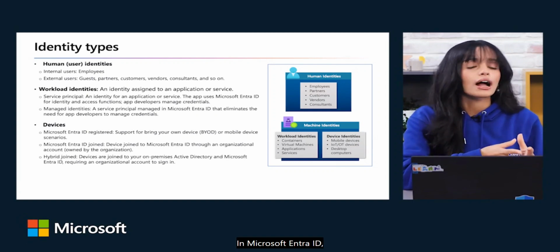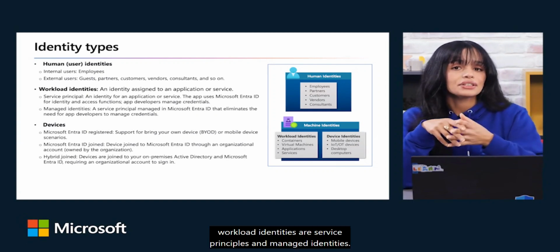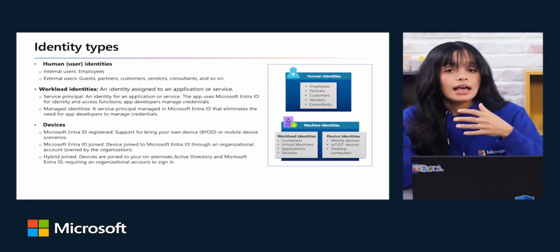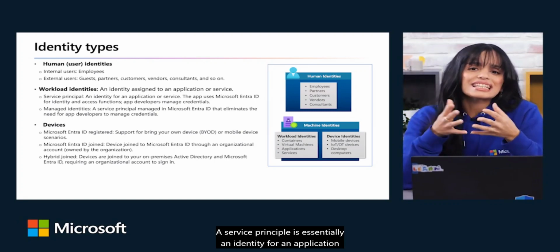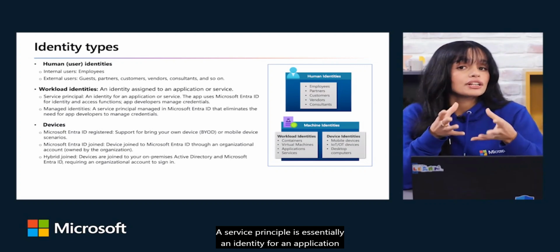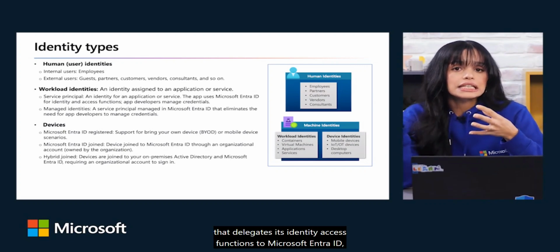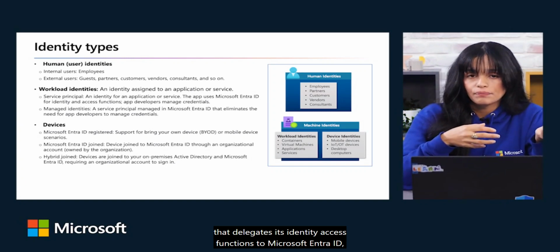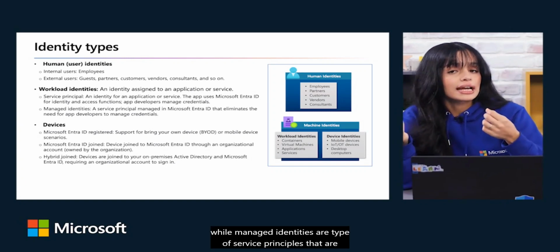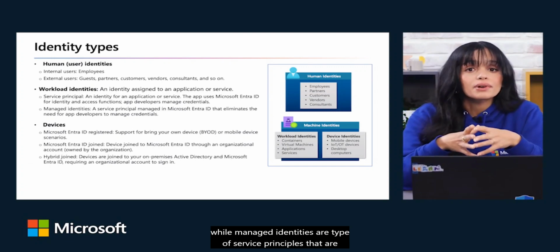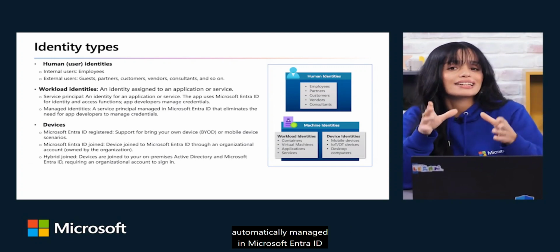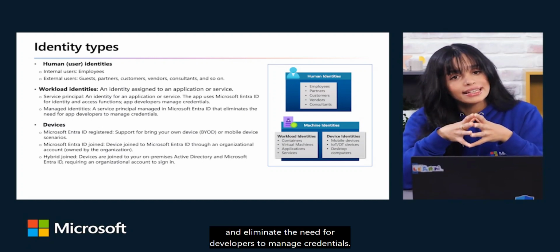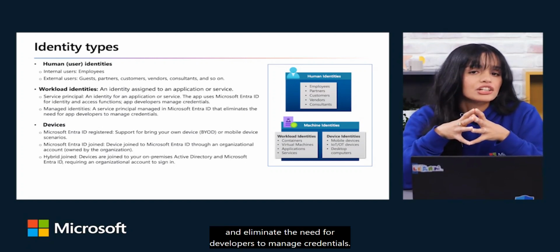In Microsoft Entra ID, workload identities are service principals and managed identities. A service principal is essentially an identity for an application that delegates its identity access functions to Microsoft Entra ID, while managed identities are a type of service principal that is automatically managed in Microsoft Entra ID and eliminates the need for developers to manage credentials.